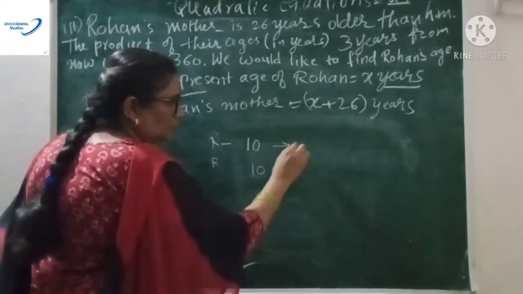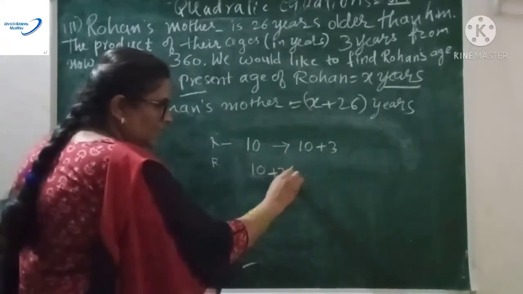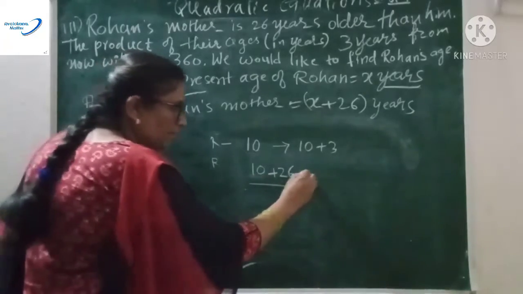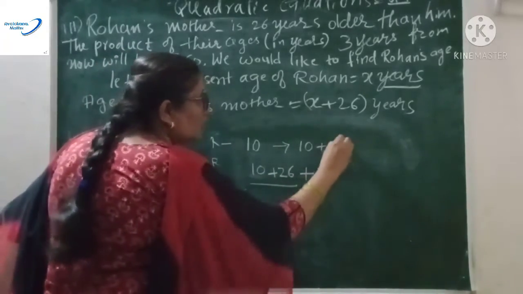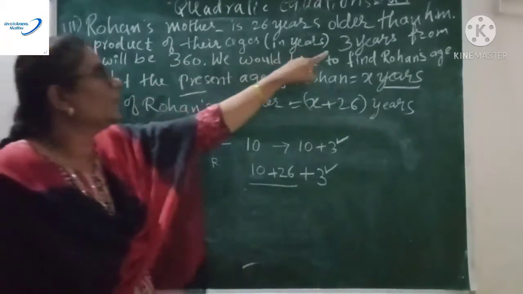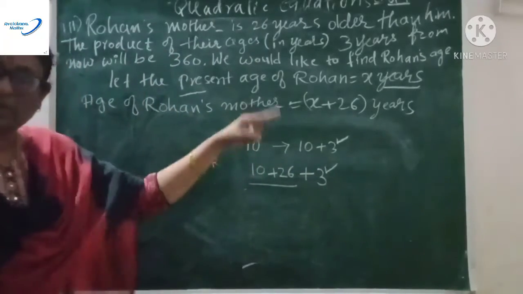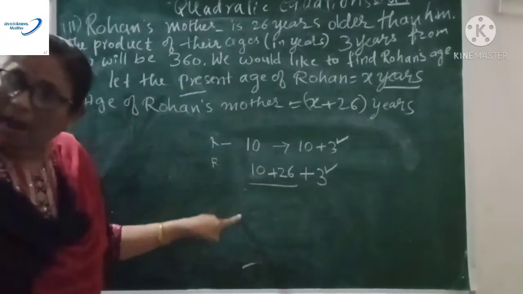After 3 years, Rohan's age will be 10 plus 3. So Rohan's mother's age will be, as per condition, 26 plus 3 more. Why this plus 3? Because you are given the ages after 3 years from now, it means 3 years will get added.